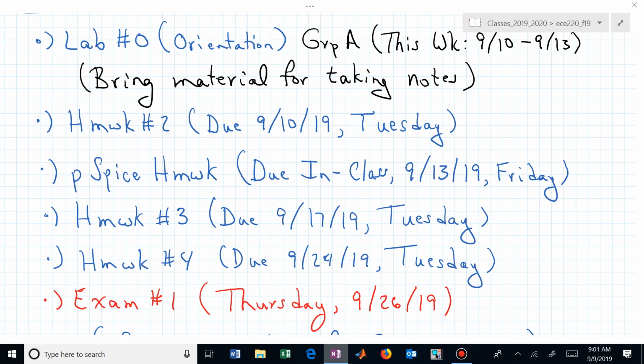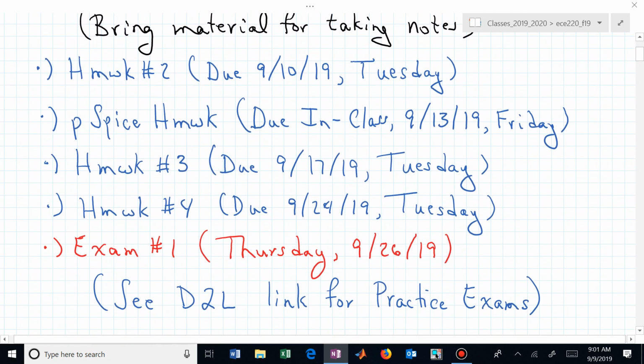The P-Spice homework, hopefully you've looked at or watched the tutorial video. That will, I hope, help you work through the first half, and the second half is somewhat of a copy. It's just now you're looking at the current divider instead of a voltage divider circuit.